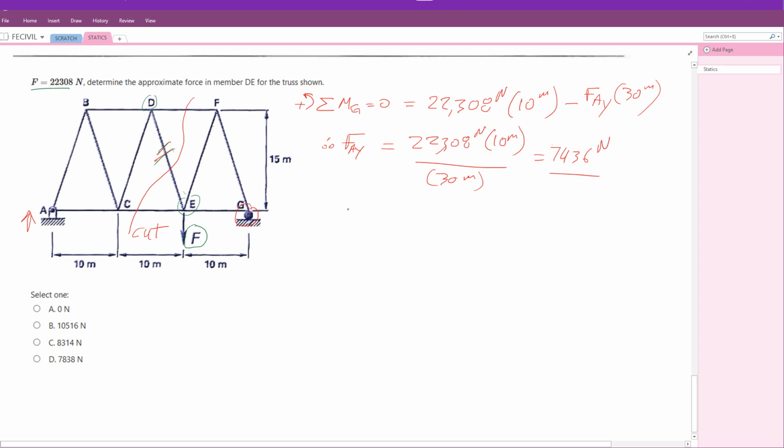Okay, since we now have this force right here, it's equal to 7.7436 newtons. So we have this one.